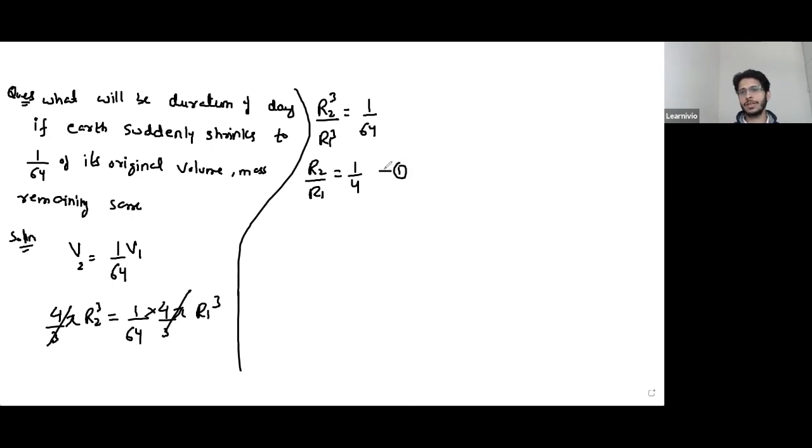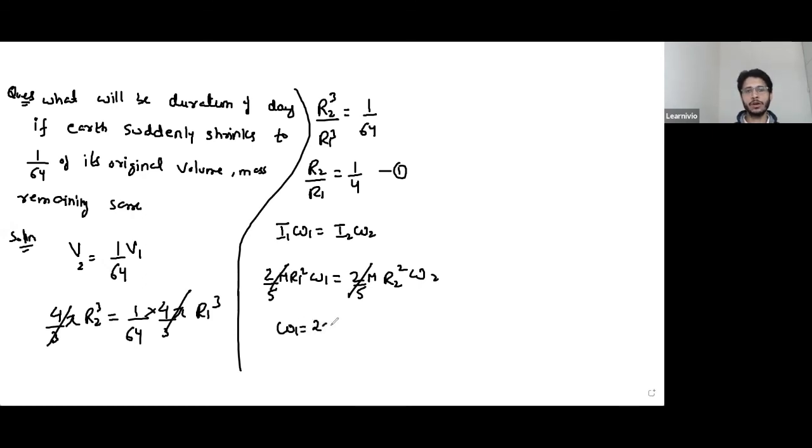Since no external torque is acting on the Earth, you can write I1 omega 1 is equal to I2 omega 2. Earth is a solid sphere, so the moment of inertia is 2 by 5 m R1 square omega 1 equals 2 by 5 m R2 square omega 2. Mass is not changing, only the radius is changing. 2 by 5 m will cancel. You can write omega 1 as 2 pi over T1 and omega 2 as 2 pi over T2.